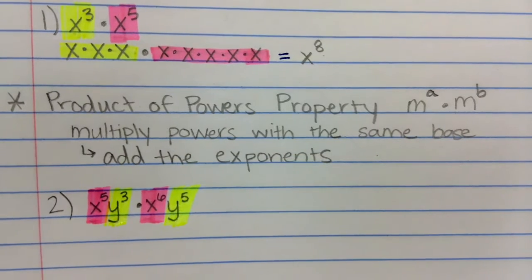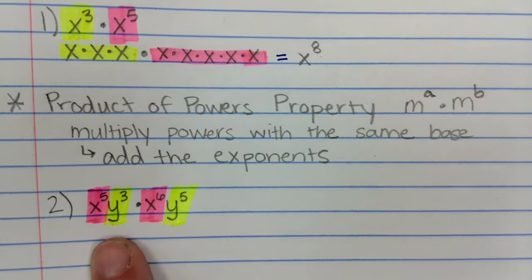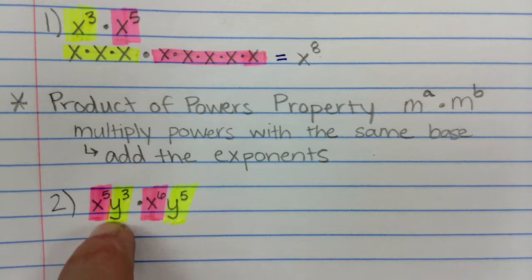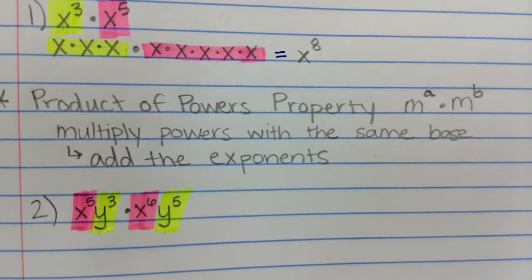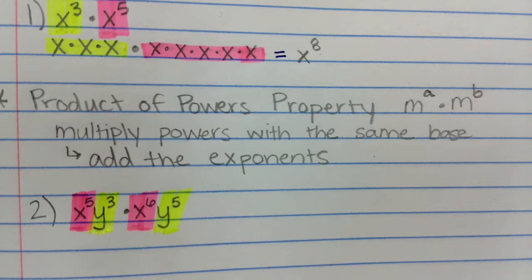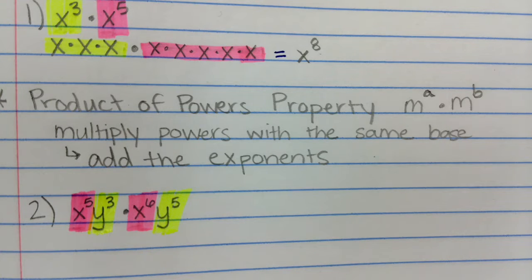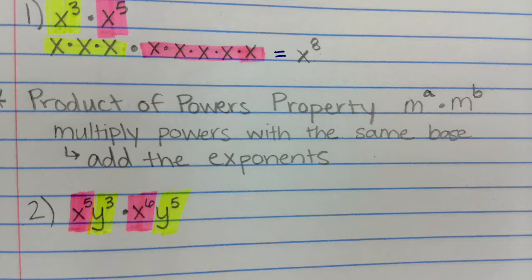So remember when this x and y are touching each other, what does that really mean we're doing with them? Multiplication. So really we're just multiplying everything. And with multiplication, we can use our commutative property. Remember, commutative means what? Flip it? Yeah, like move it around. Commutative.